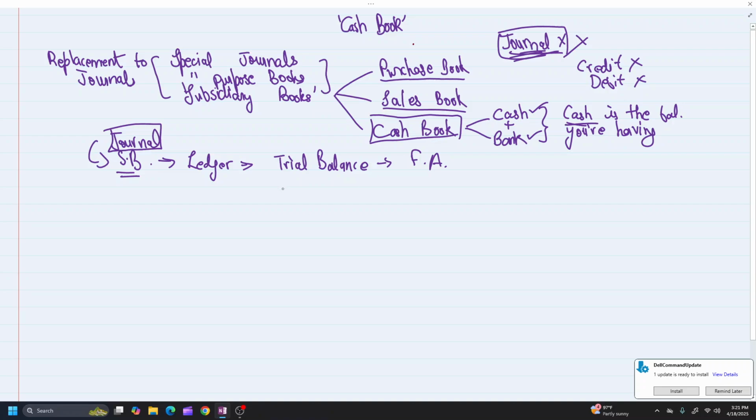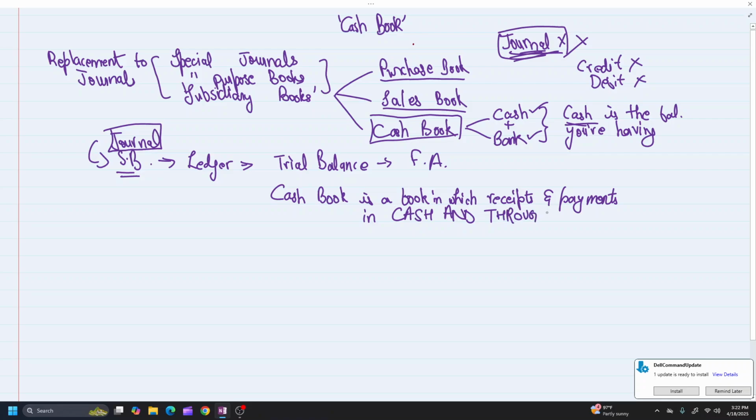That means cash book is a book in which receipts and payments in cash and through bank are recorded.